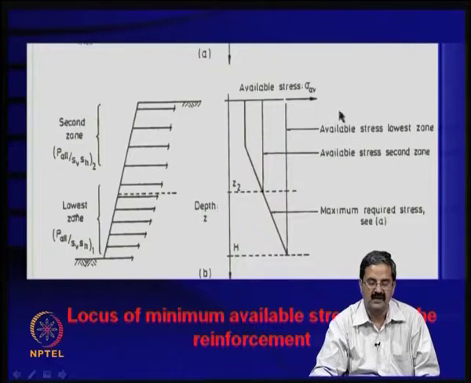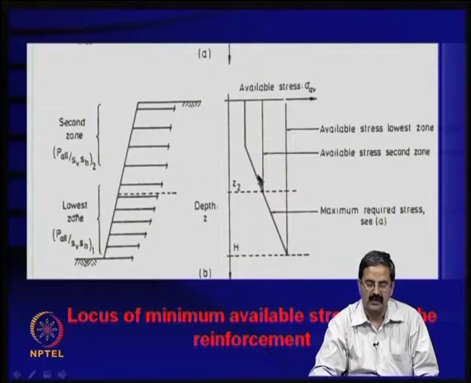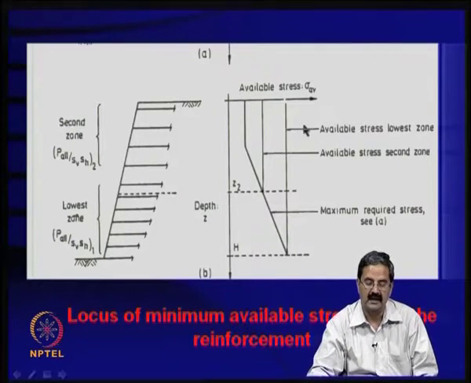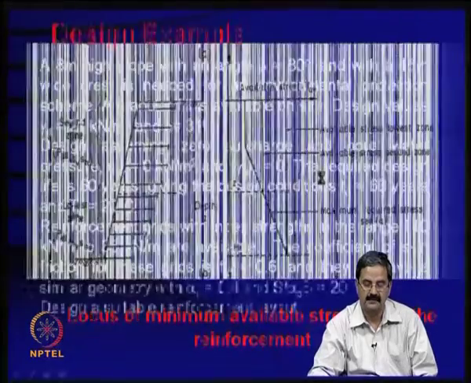So, this way you can really understand this whole concept and see that at any stress level you try to keep the reinforcement satisfactory, in the sense that always the available stress in the reinforcement should be more than the required stress, okay.